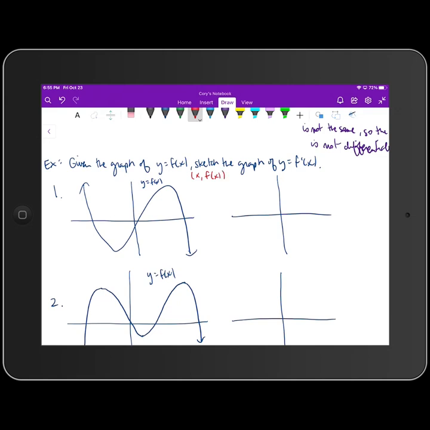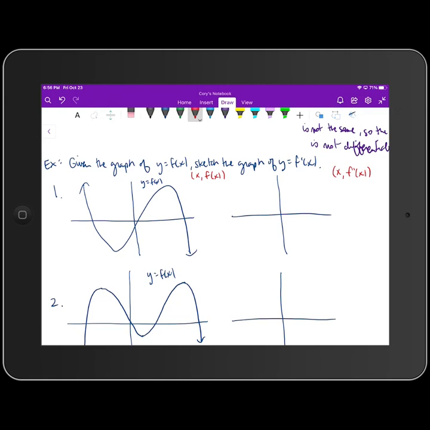So we have some input value, and it gives us some output value, f of x. Now, on the graph of y equals f prime of x, ordered pairs are going to look like this. Our inputs are still x values, but the outputs are going to be f prime values.